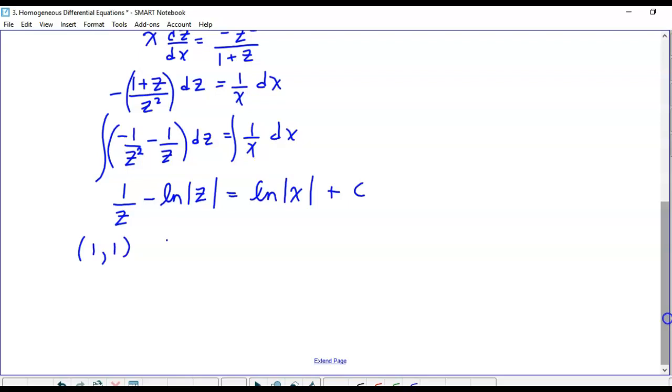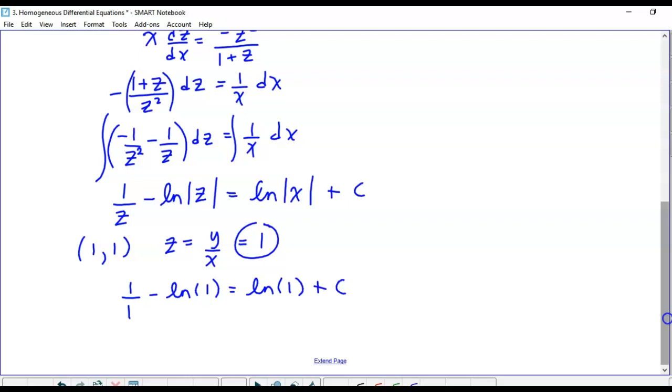So z is equal to y over x, so it would be equal to 1. Okay, so z is equal to 1, x is equal to 1, y is equal to 1. So 1 over 1 minus ln of 1 equals ln of 1 plus c. Well, ln of 1 is 0. So c equals 1.